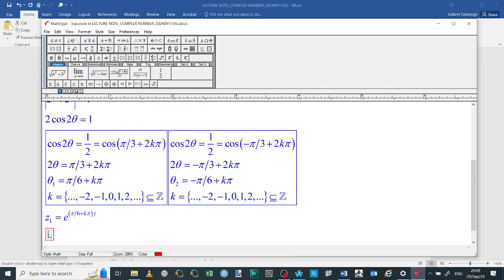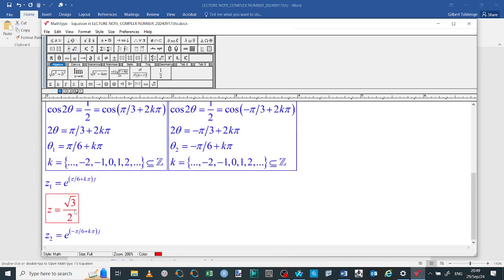I will take z equal to, if k is equal to 0, cos of pi over 6, that is cos of 30 degrees. I know that cos of 30 degrees is square root of 3 over 2, plus, this is the case where k is equal to 0, j sine of pi over 6, say half, j over 2. That's the first one.